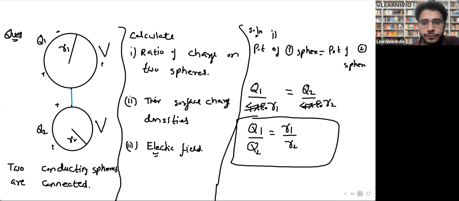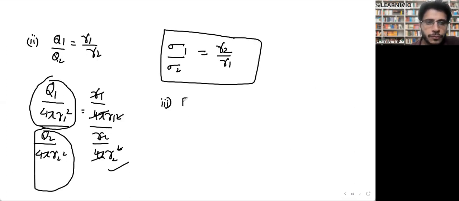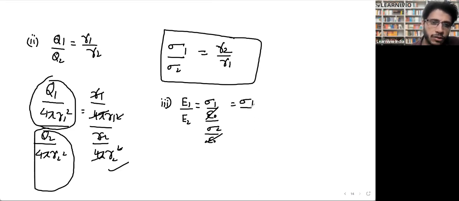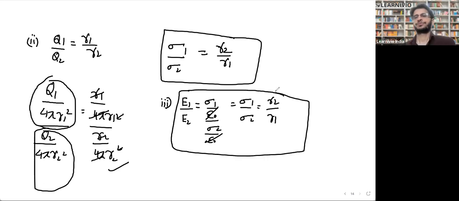Electric field. E1 is sigma 1 by epsilon naught, and E2 is sigma 2 by epsilon naught. The epsilon naught cancels out, so the ratio of electric fields is the same as that of surface charge density, which is R2 over R1. Note it down. That's the ratio of surface charge density, and this is the ratio of field also.